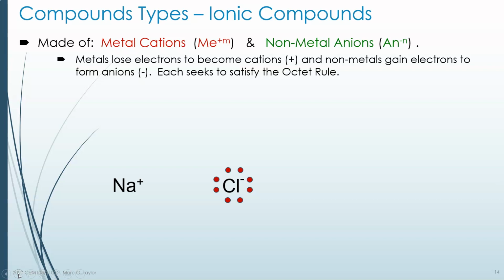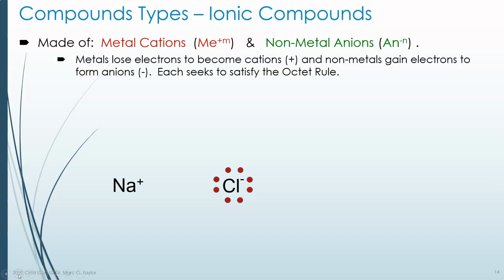Whereas the chloride ion, and that's what we call it when we add electrons to a nonmetal, if we add enough electrons to make it like a noble gas configuration, in other words, with its full octet, we end it with the letters IDE, and we call this one chloride. Instead of the chlorine atom, it becomes the chloride ion. So the chloride has its full set of 8. The sodium has 0, but it really has 8 from the previous row.